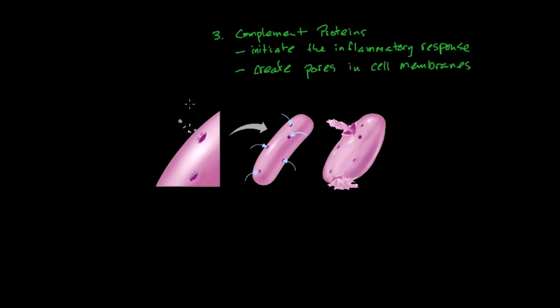So in this illustration here, these represent complement proteins. And you can see that these complement proteins create a pore. And in this diagram here, you can see fluids rush into the cell, causing the cell to lyse or burst.